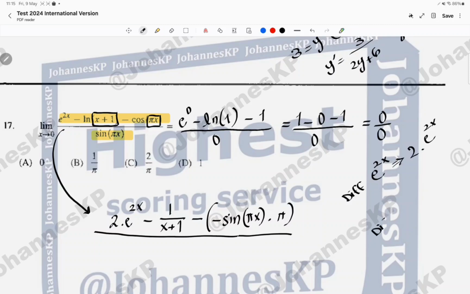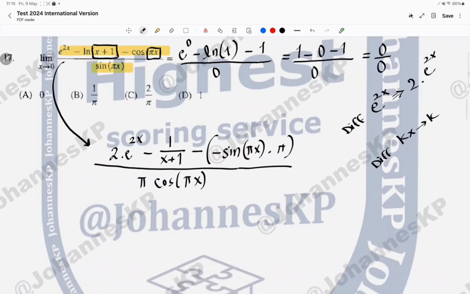Because if you differentiate kx, you get k. Okay. What's the derivative of sine? Cosine. And what's the derivative of pi x? Pi. And now we can plug in x of 0. But first, let me just make this negative into positive.